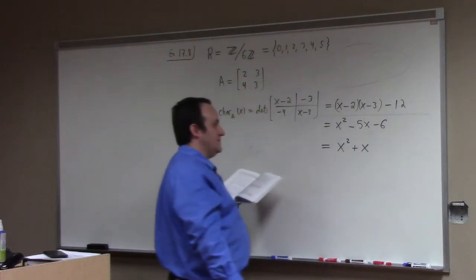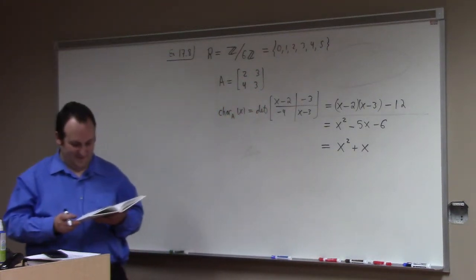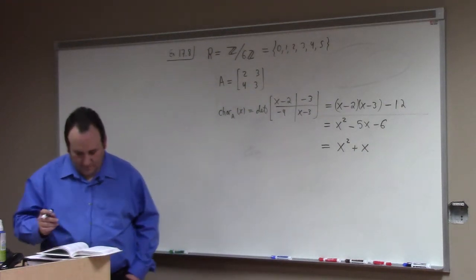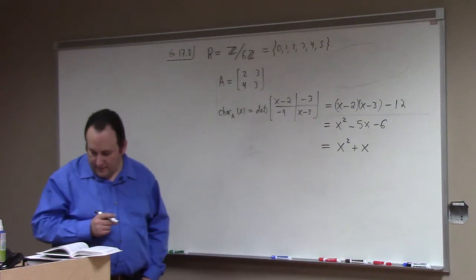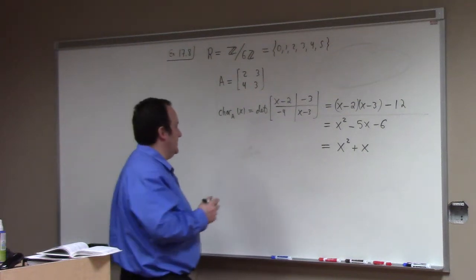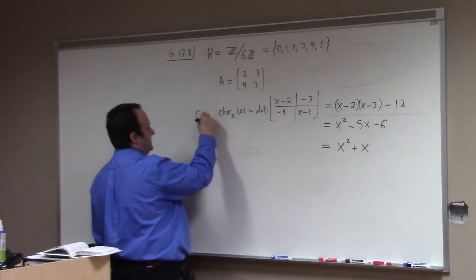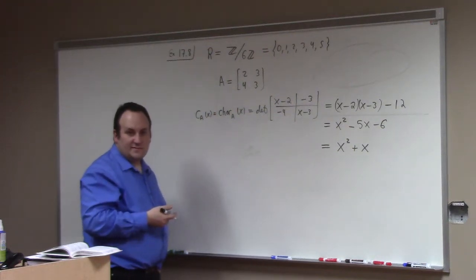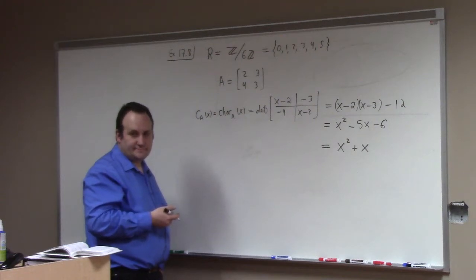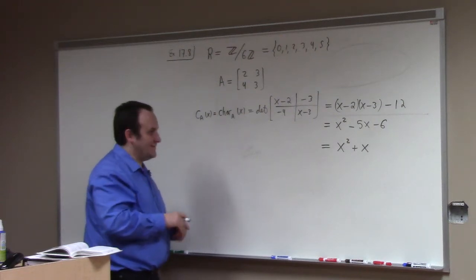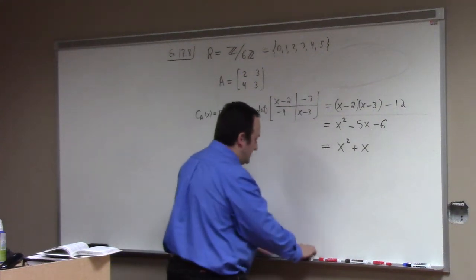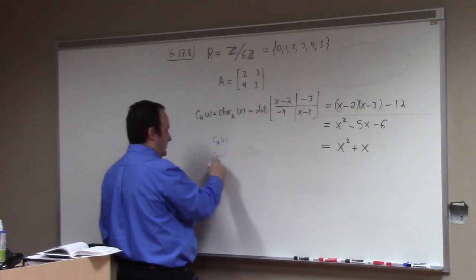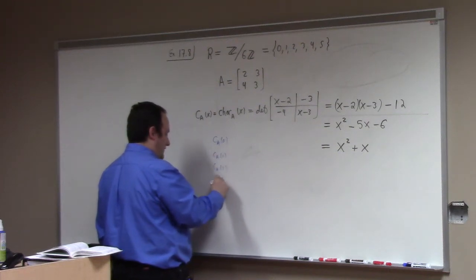Here's his characteristic polynomial. And you guys tell me why it's very reasonable. Yeah, 6 is 0. So we prefer this notation because it's less writing. And then how do you find out the zeros of a polynomial over Z6? You just plug them in, right? So plug them in. What's CA of 0? CA of 1? CA of 2? CA of 3?